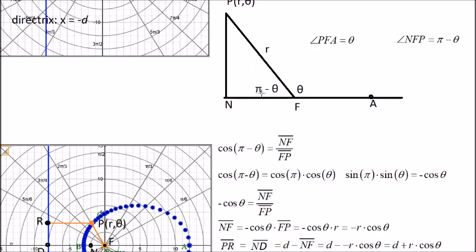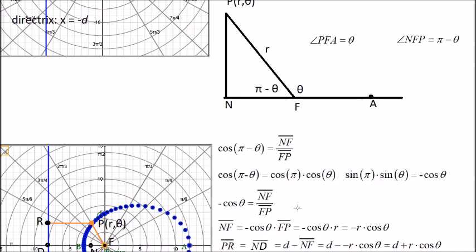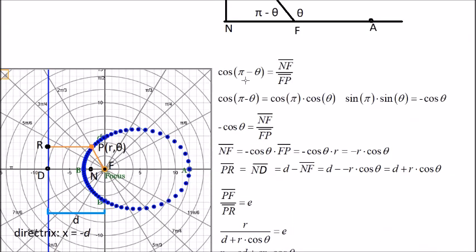The cosine of this angle will be the length of segment NF divided by the length of segment PF. So we have cosine of pi minus theta equal to this.